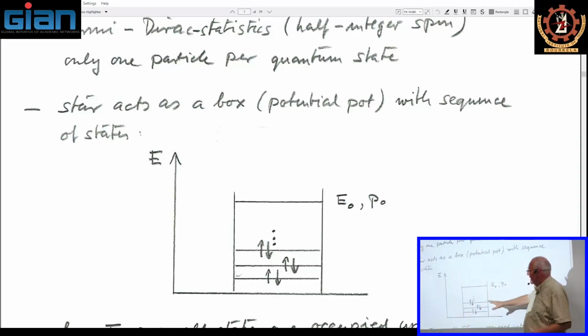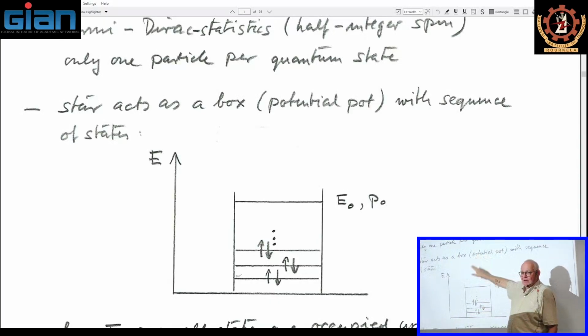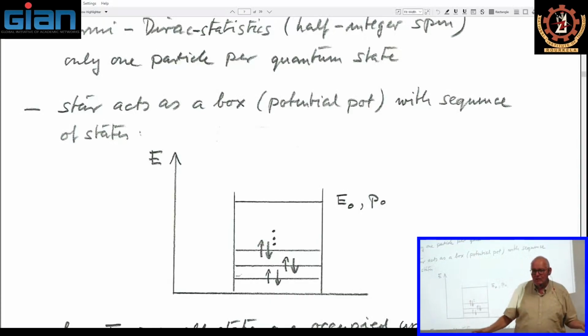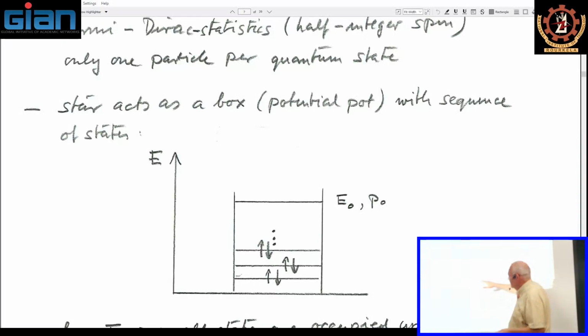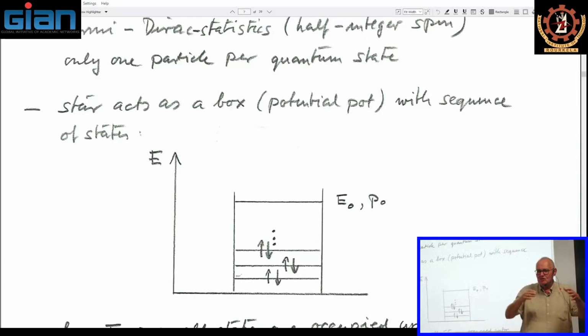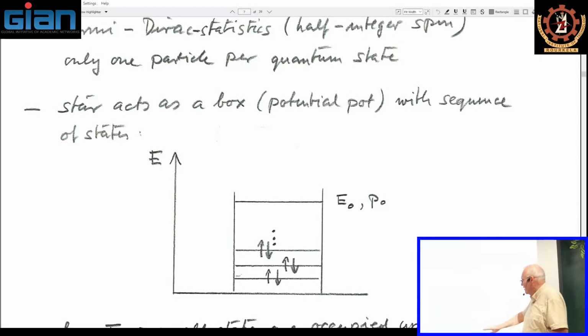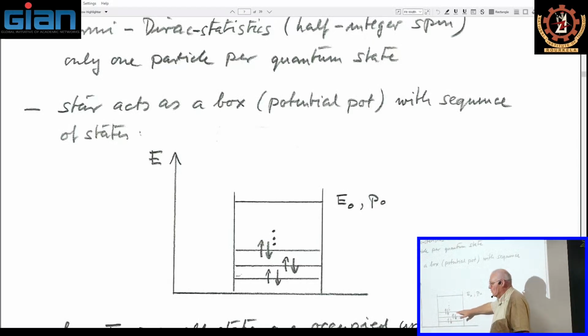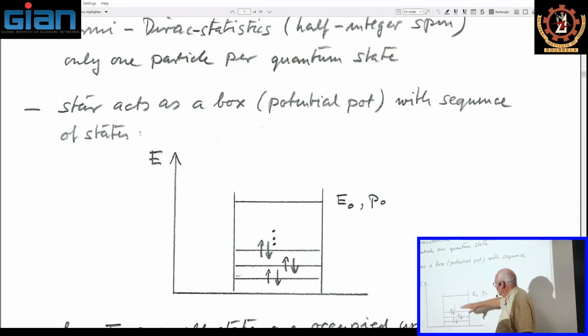If the temperature is high enough, of course, they can escape and can take other states or can become unbound to the system. But if the temperature is low enough, then they have to be filled in the potential pot of our star and have consecutively fill all these states up to a maximum energy.